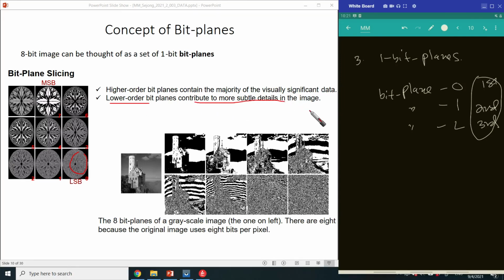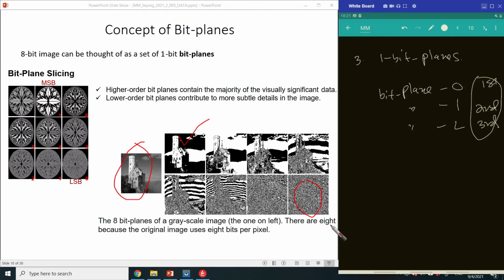Similarly, here is a picture, and if we perform bit plane slicing, these 8 different planes look like this. As I said, this MSB plane mostly resembles the picture. But if you go to the LSB plane, it contains very subtle and fine details.